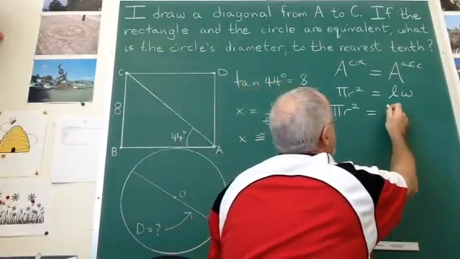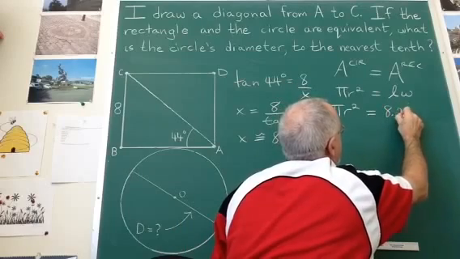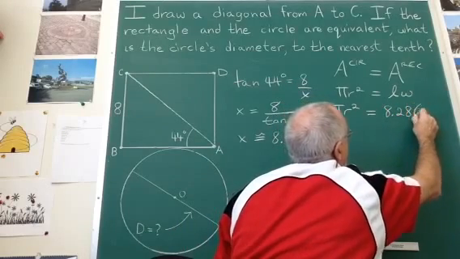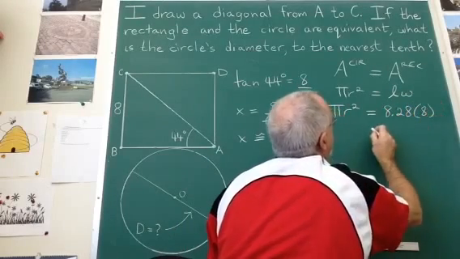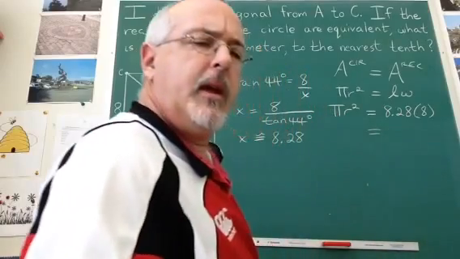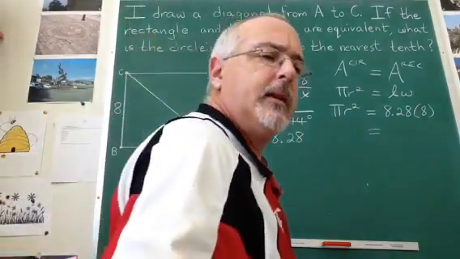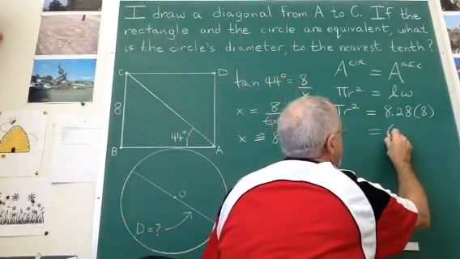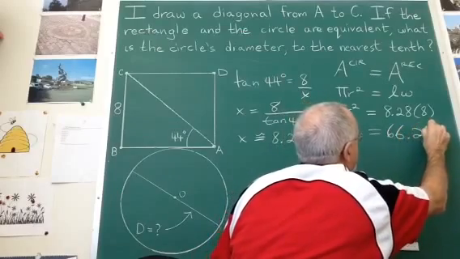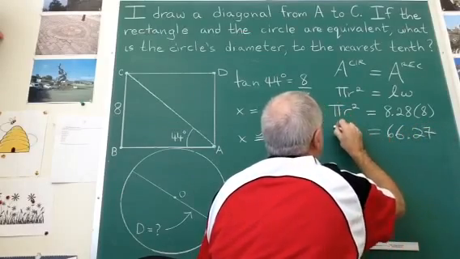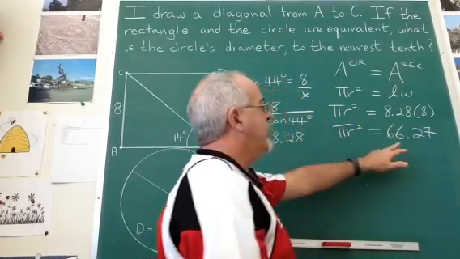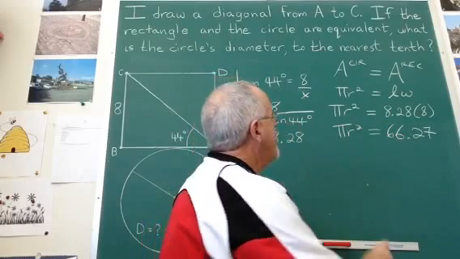These values are interchangeable. 8.28 times 8 is 66.27. This value is again rounded.